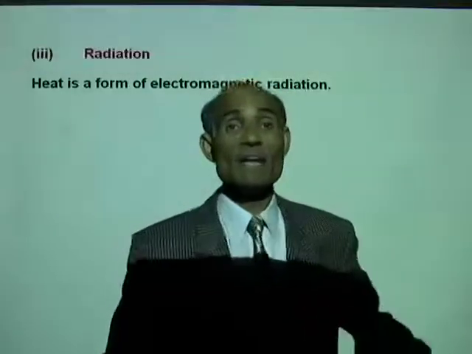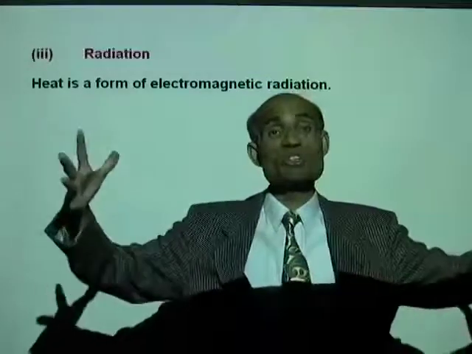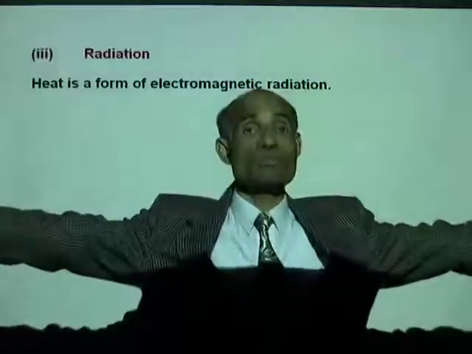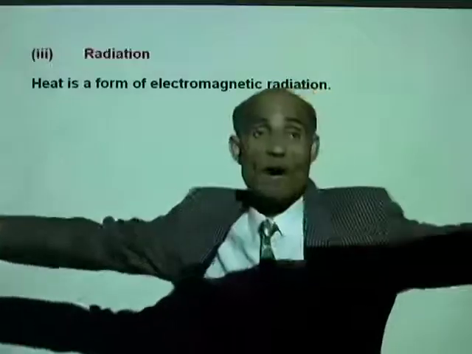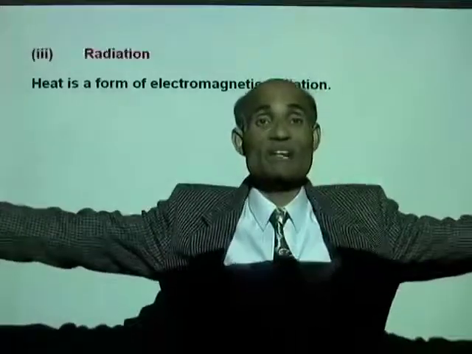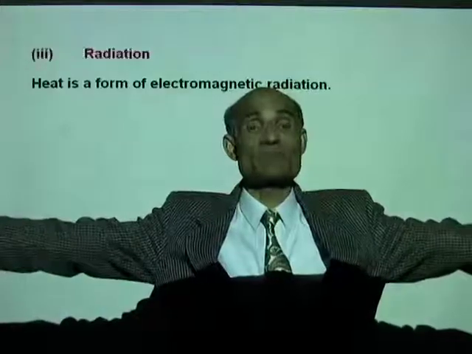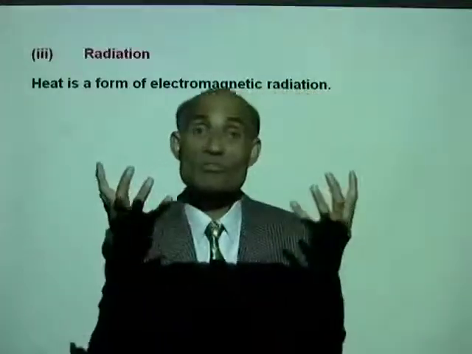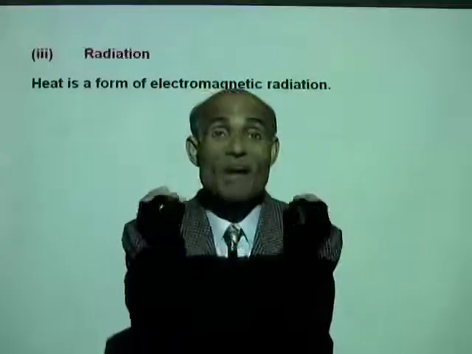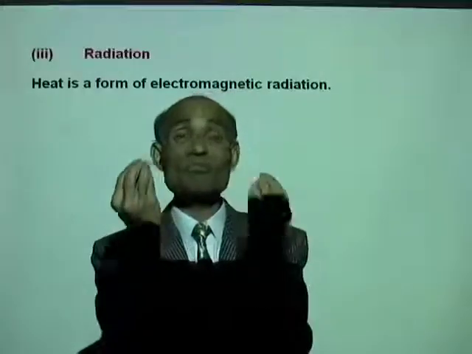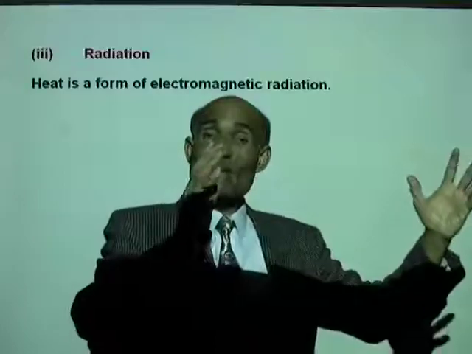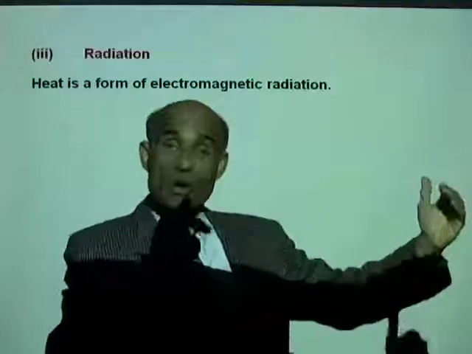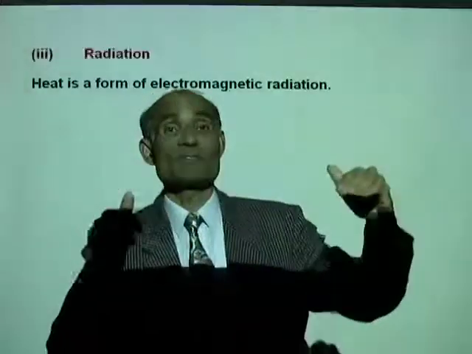In fact, electromagnetic radiation comes in all different forms. Now, what are the different forms of electromagnetic radiation? Electromagnetic radiations are waves. They have wavelength and frequency. Now, the longest of the electromagnetic radiations are called radio waves.